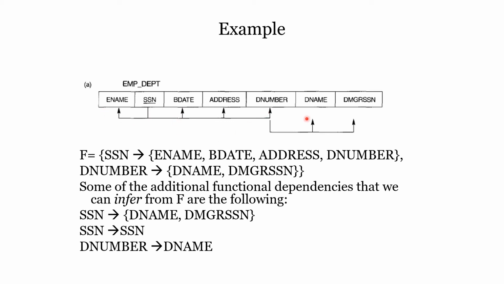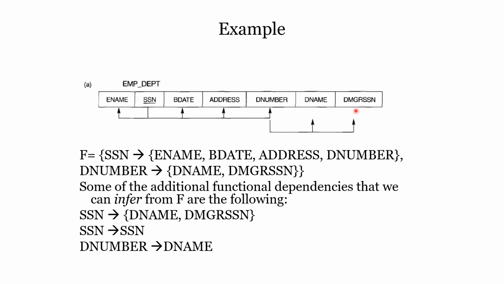Now, if we talk about D number, this is determining department name and DMGRSSN. So this D number is representing these two things. We know that in the employee table only this much data is related with the SSN number.